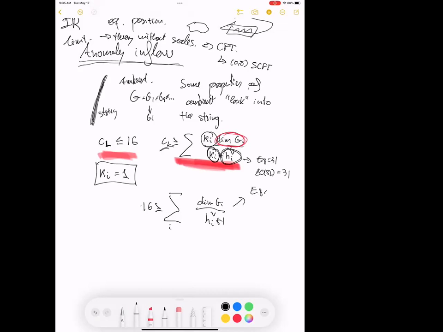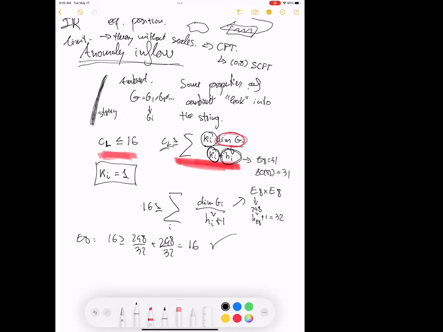For E8 cross E8, I have 2 terms. The dimension of E8 is 248, and H of E8 plus 1 is 32. So for E8, this bound is 16 bigger than or equal to, there are 2 factors of E8, so 248 over 32 plus 248 over 32, and that is exactly equal to 16.